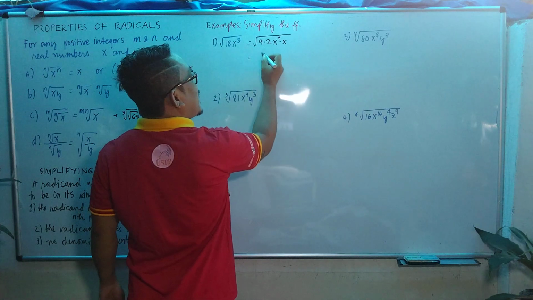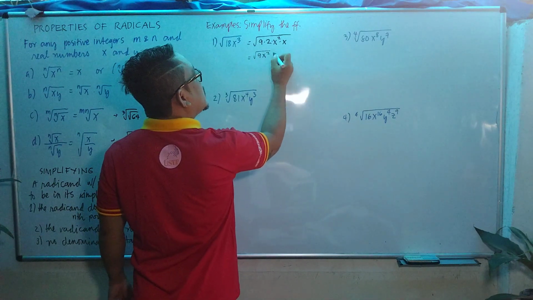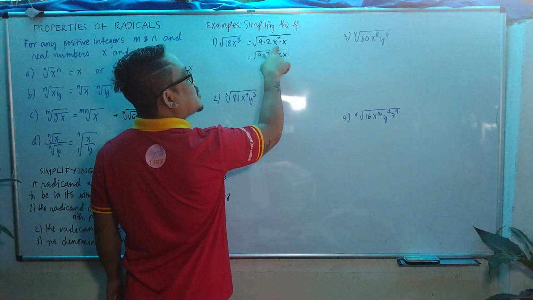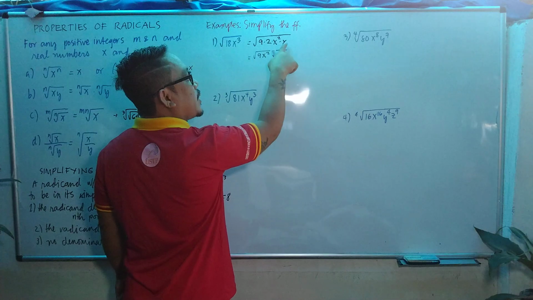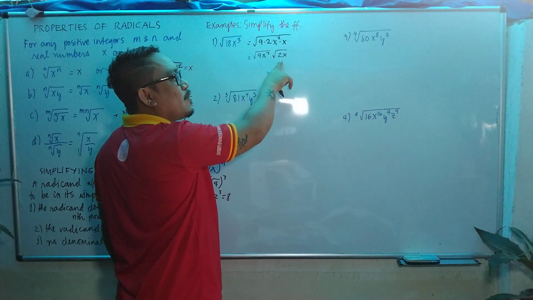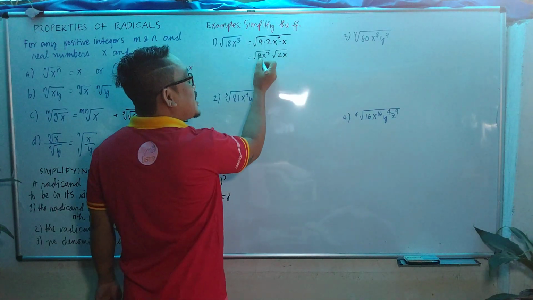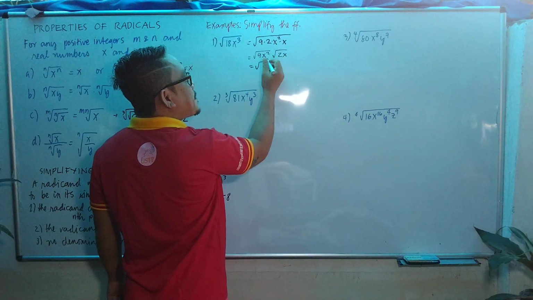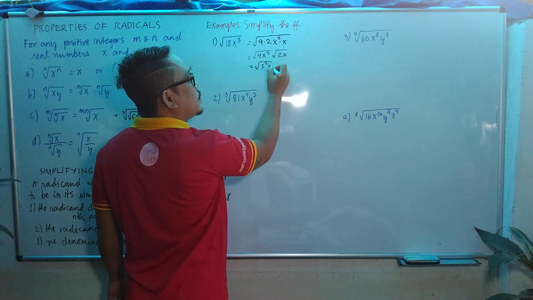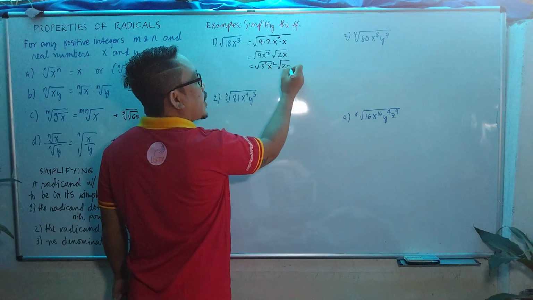So, this can be separated: that is 9x squared, then the other one, 2x. The 9 and x squared are grouped together, and 2 and x are grouped together, because they do not have square roots. There is no square root of 2 and no square root of x. Now we can simplify this. 9 can be written as 3 to the power of 2, and x squared, then copy 2x.